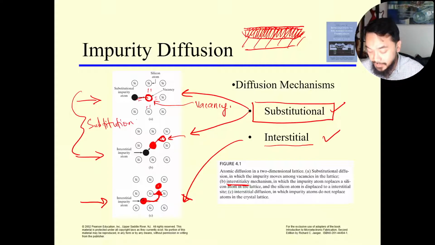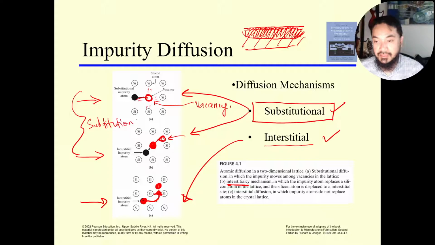Diffusion by interstitial, on the other hand, has no covalent bonding, so there's no way for the extra holes or electrons from the impurity atoms to be transferred into the wafer, and therefore it cannot contribute to the electronic properties of the material. So that's the first reason.